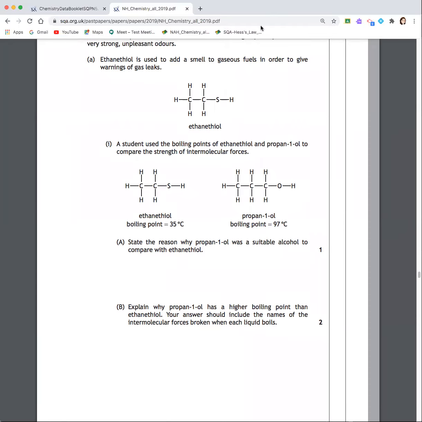So propan-1-ol has a hydroxyl group, which means that it's going to have hydrogen bonding between the molecules. That's the strongest van der Waals force that you can get, therefore its boiling point will be much higher.